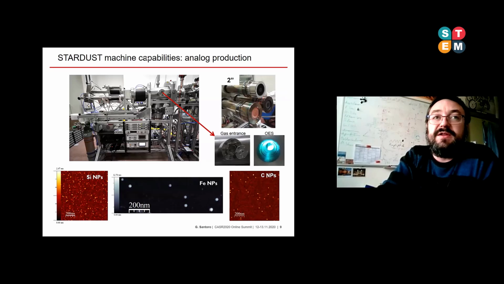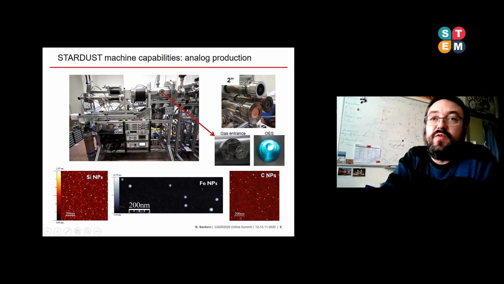Concerning the capabilities of the Stardust machine in terms of nanoparticle or cosmic dust analog production, the modified sputter aggregation source, this specific kind that we are using, has inside up to 3 different targets, meaning that we can vaporize at the same time up to 3 different elements.